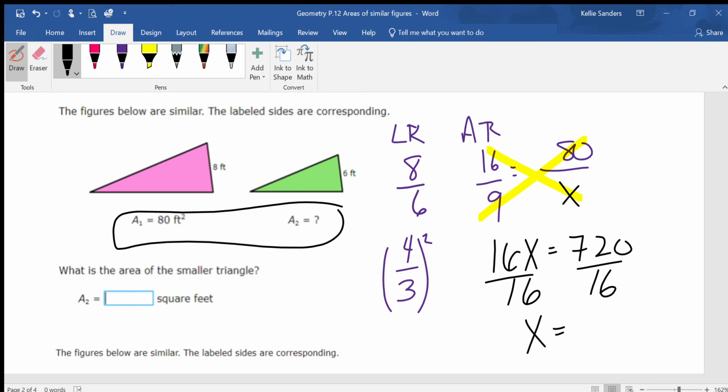I'm using a calculator. 45. So if the area of this triangle is 80, the area of this triangle is 45.